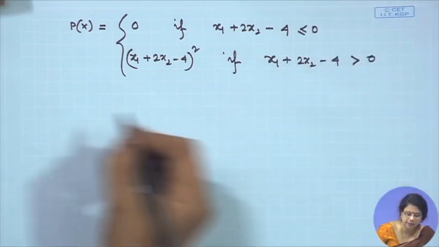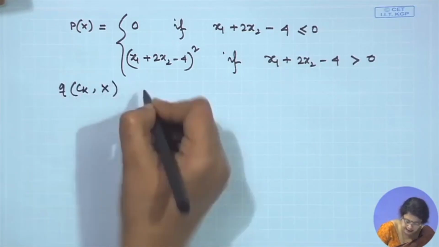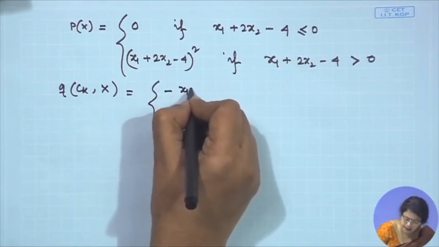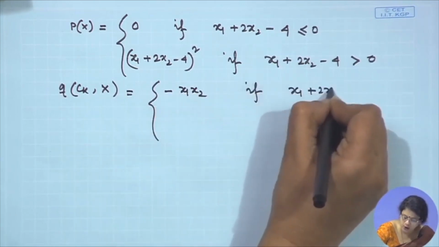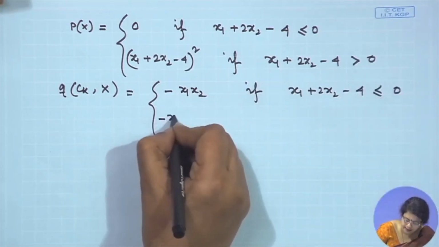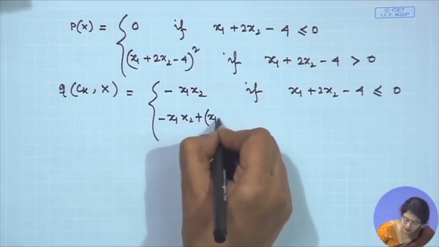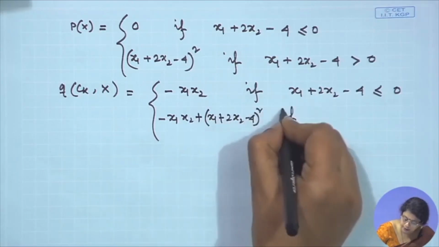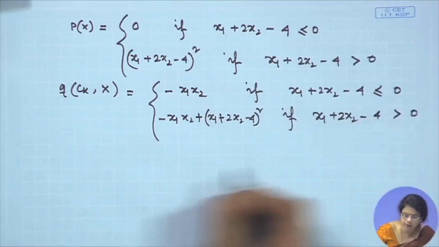All right. Let me now construct Q(c_k, x). This is equal to -x1 x2 if x1 + 2x2 - 4 is less than or equal to 0, that is the original problem for us. Okay. And this is equal to -x1 x2 + c_k (x1 + 2x2 - 4) whole square if x1 + 2x2 - 4 is greater than 0.